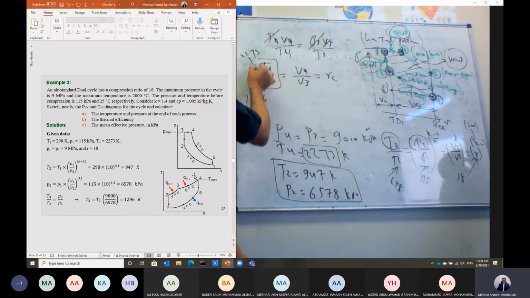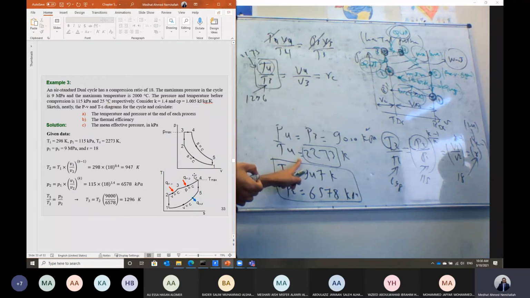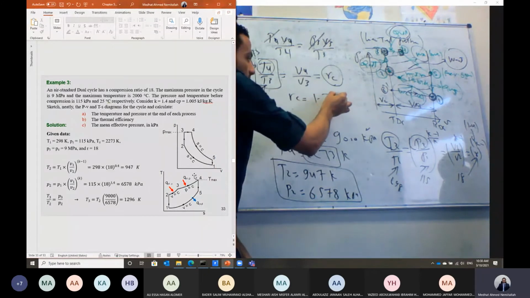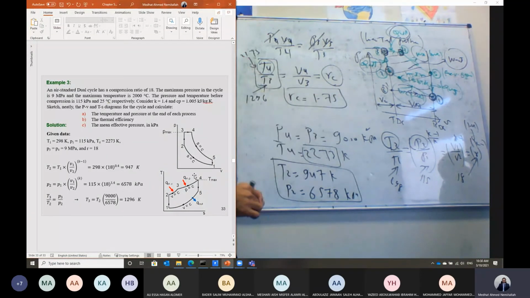This is given, the maximum cycle temperature, which was initially given. If you calculate this, then we can calculate the cutoff ratio RC. RC, if you calculate it, will equal 1.75 in this case.